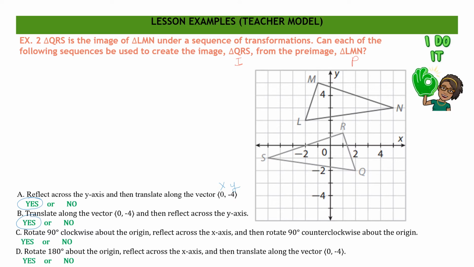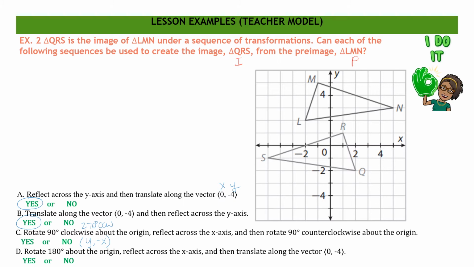Rotating 90 degrees clockwise about the origin, reflecting across the x-axis, and then rotating 90 degrees counterclockwise about the origin. So remember our rules. 90 degrees clockwise means I am using the same rules as 270 degrees counterclockwise, which says to flip my coordinate points and my x is opposite.